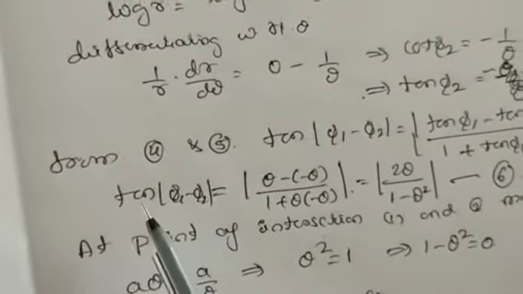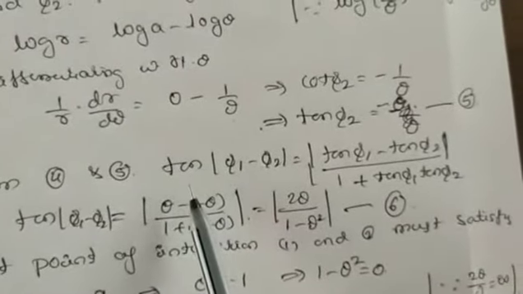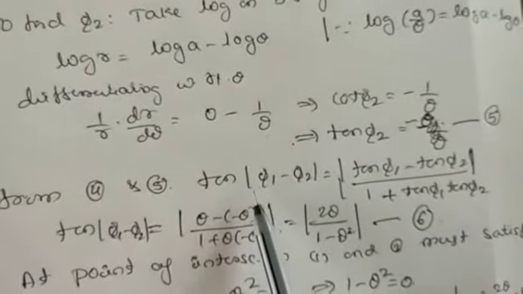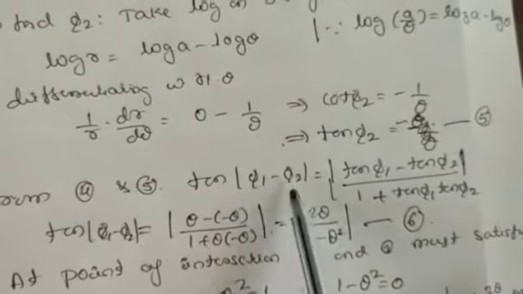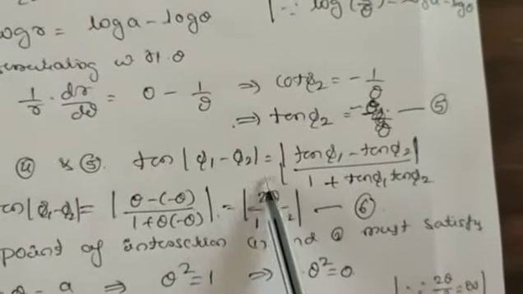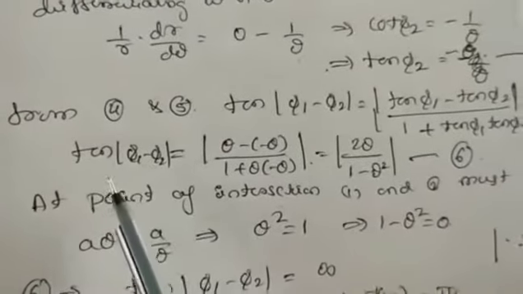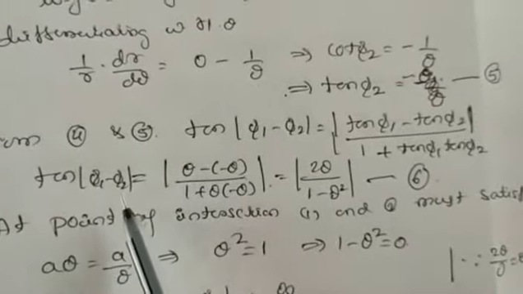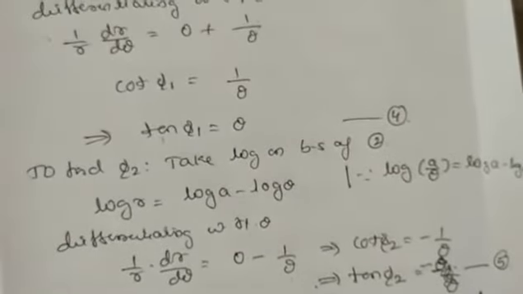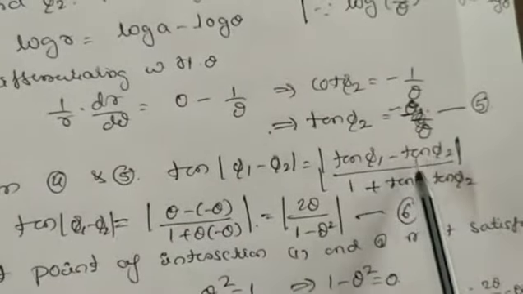So now from equations 4 and 5, you have to consider tan of phi 1 minus phi 2, which equals tan a minus tan b divided by 1 plus tan a into tan b. So tan of mod phi 1 minus phi 2 equals tan phi 1, which from equation 4 is theta, and from equation 5 tan phi 2 is minus theta.